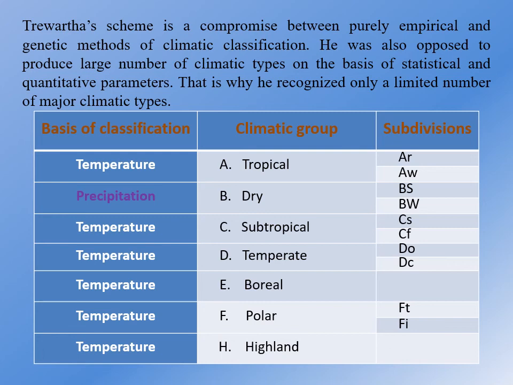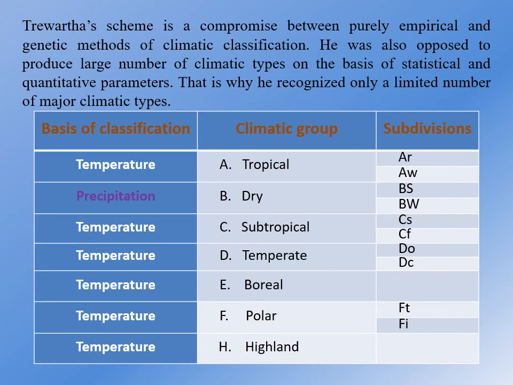Now, in the classification scheme proposed by Trewartha, he recognized only a limited number of major climatic types, mainly six different climatic groups depending on temperature and precipitation factors.